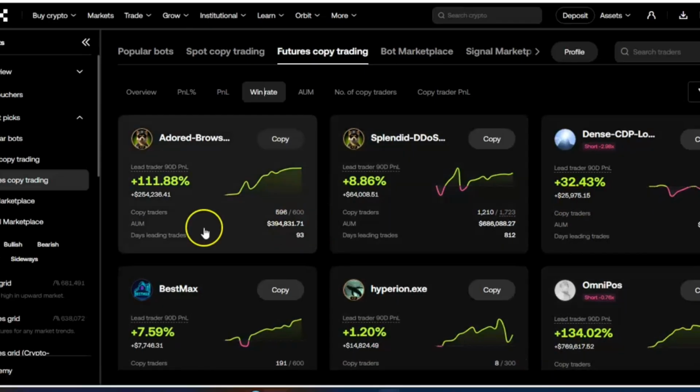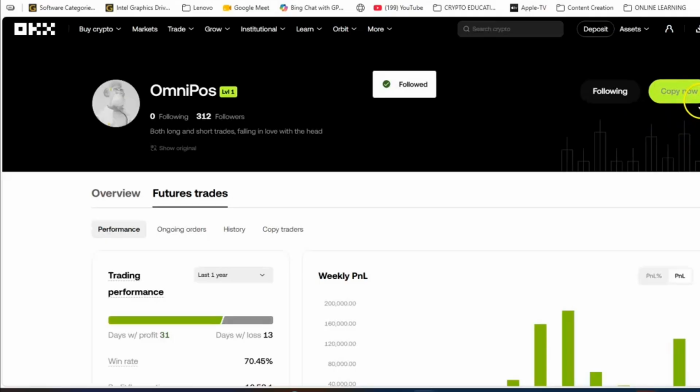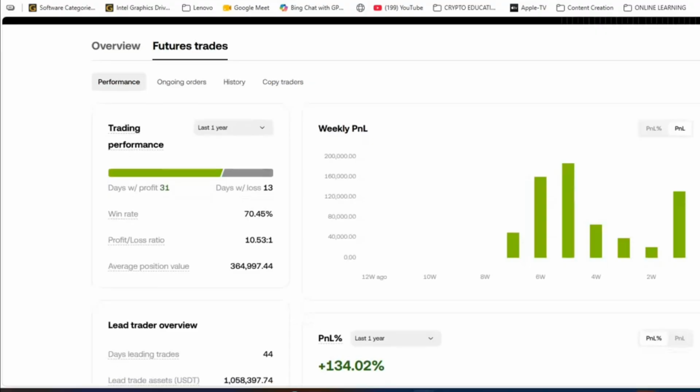This one has 8. Once you identify the person whose trades you're going to copy trade, you need to click copy, which is by their side, and then I'm gonna land here. What I need to do is I simply click follow. I can follow him, and then hit copy. We can check on what's going on at the bottom here, right? Days loss 13, then the number of days that he's been winning 31.